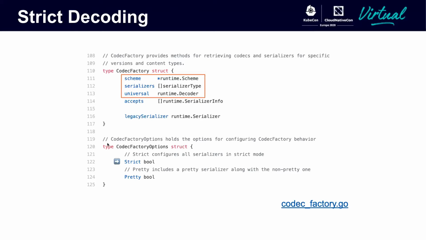And if we look down here, we can see it also has some options. In this case, we have strict and we have pretty, and strict is what we want. It configures all serializers in strict mode, and this is exactly the behavior we need. If the serializer encounters any errors or any unknown fields it doesn't know about, it will throw an error.